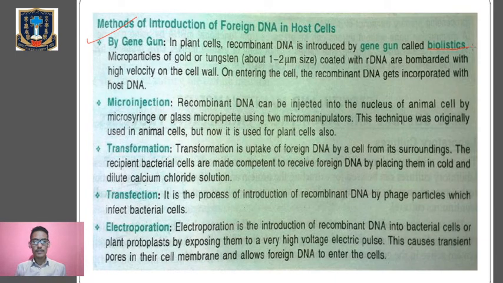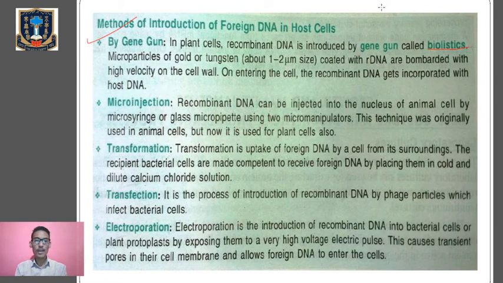Here, microparticles of gold or tungsten are coated with recombinant DNA and bombarded with high velocity into the plant cell walls. When we bombard the recombinant DNA with high velocity into the plant cell wall, the recombinant DNA gets incorporated into the host DNA.